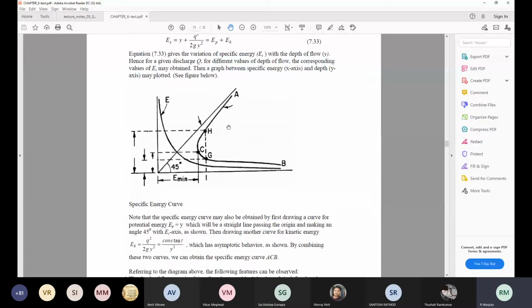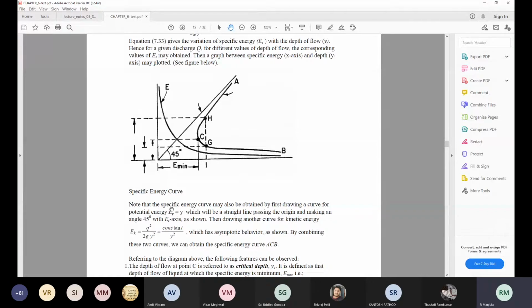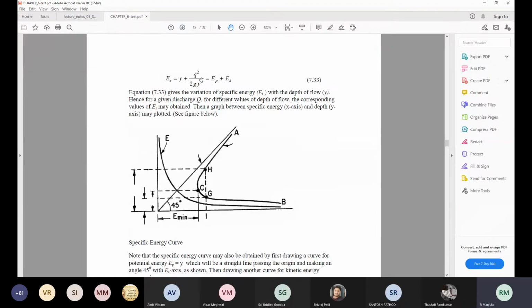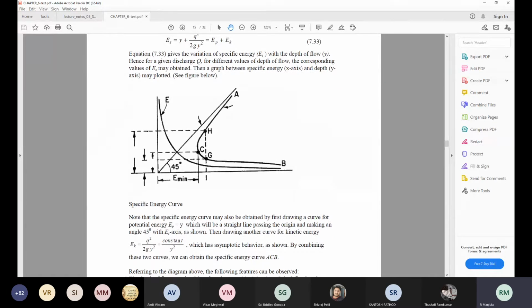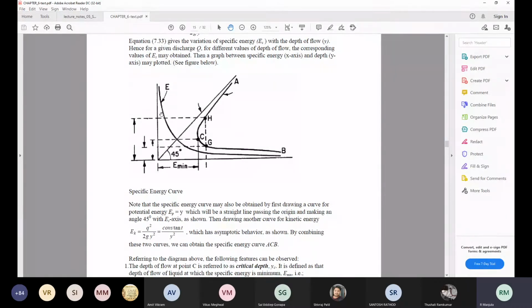Okay, now what could be the minimum specific energy? When you are drawing the potential energy curve, it is a straight line passing through the origin at 45 degrees, because ES equals EP when EK is 0, so the intercept is 0 and the line passes through the origin. Similarly, the kinetic energy curve, q square by 2g Y square, shows asymptotic, parabolic behavior.